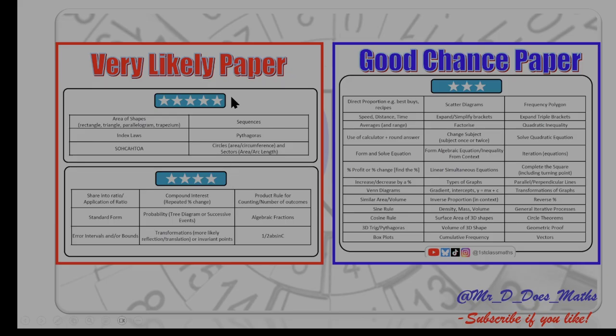Obviously, that's no guarantee that those topics will appear. It's just based on the frequency analysis that they've done. I'm calling them very likely topics, but that's my choice. And I've produced a good chance paper, which is all based around their 3-star topics, which is this paper.